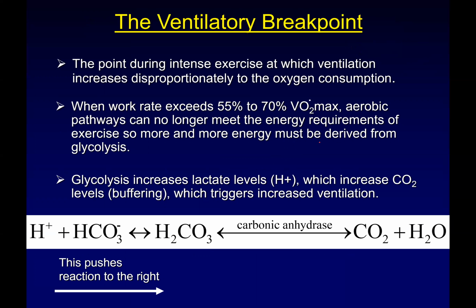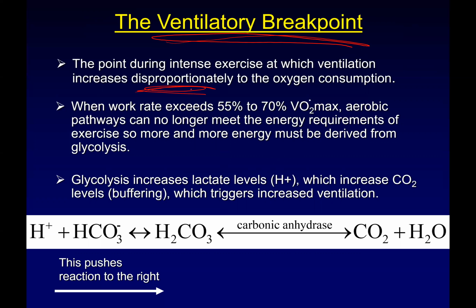And so one of the things that we're going to be looking for is something called the ventilatory breakpoint. Okay. This is the point during intense exercise when ventilation will begin to increase disproportionately to oxygen consumption.